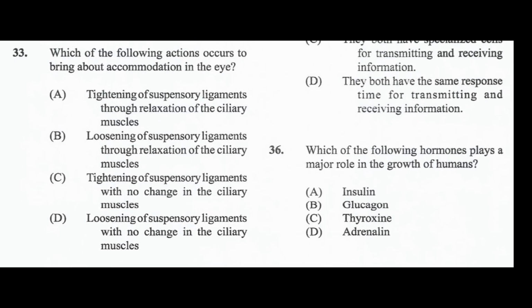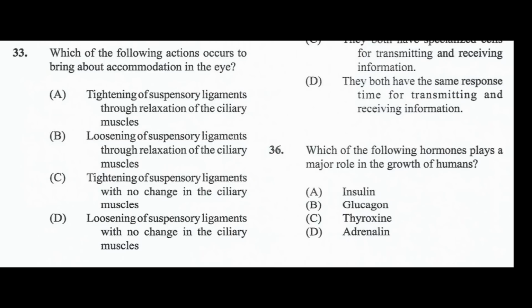Which of the following actions occur to bring about accommodation in the eye? Accommodation is where your eyes adjust to see things far away and close, right? If something is really close to your face, the ciliary muscles should relax, and if things are far away, they contract and stretch a bit.